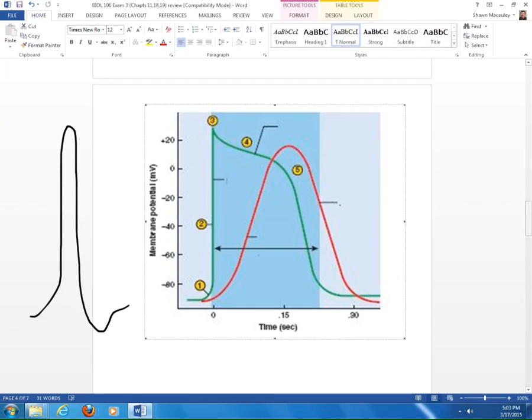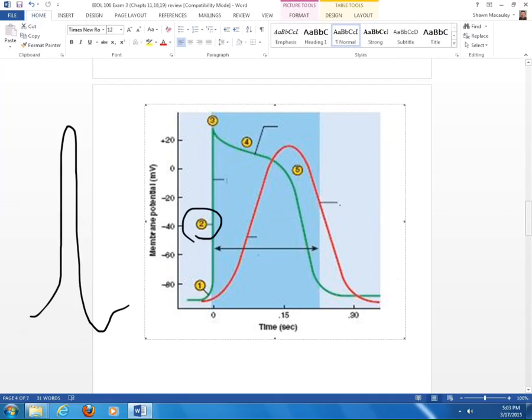That would be the action potential of a cardiac cell. Okay? So the green, see the upward arrow? What's this number 2? Number 2 would be the depolarization, right?